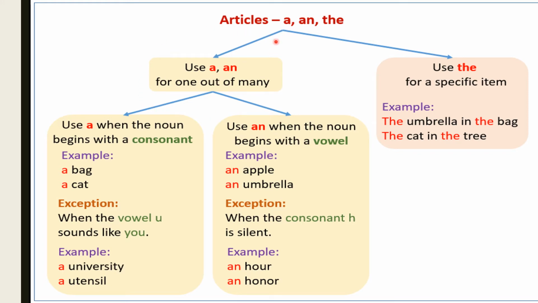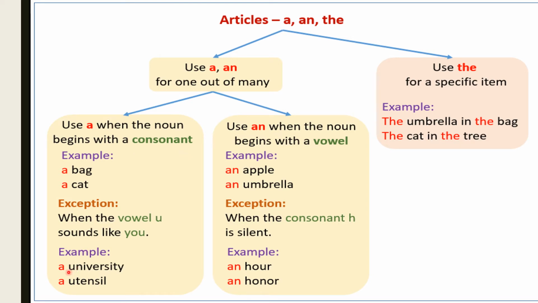Now you all must be clear about the definite and indefinite articles. To give you more explanation, here I have specified the rules where to use a and where to use an. As I told you, we use a in front of the words which have a consonant sound.